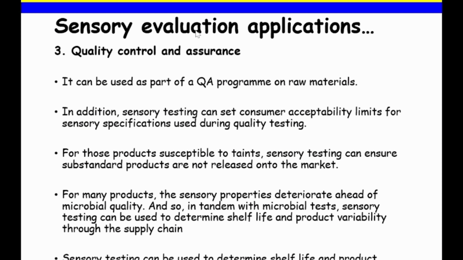Sensory evaluation can also be used in quality control and assurance. It can be used as part of a quality assurance program on raw material. You know that the quality of raw material will affect the quality of the final product. For example, if you are making mango juice, you need to know the quality specification of the mangoes as a raw material, so that you can come up with a juice of certain specified quality characteristics.